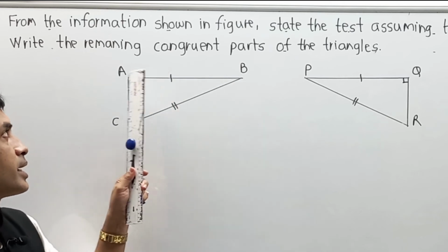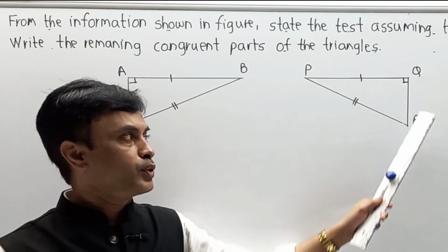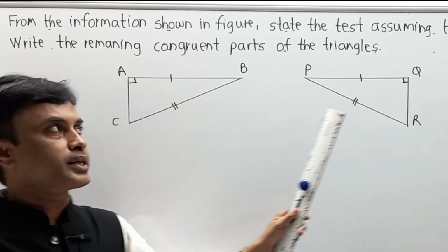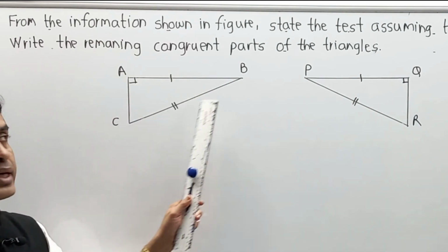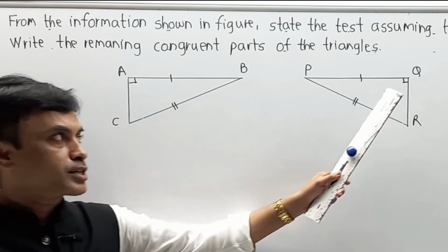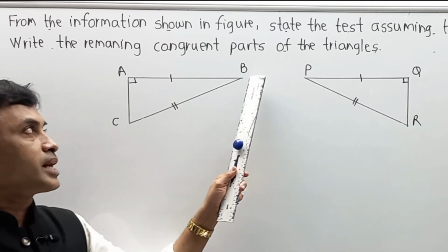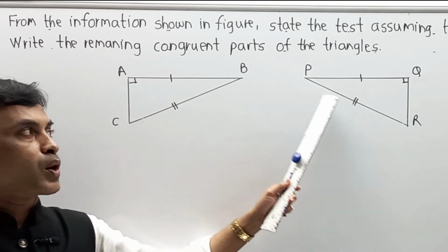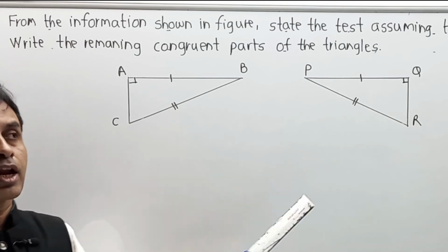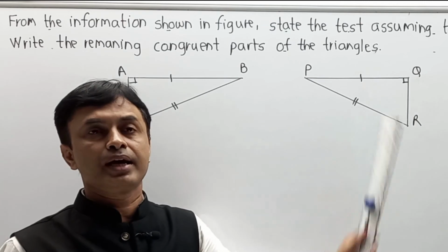Here angle BAC is 90 degrees, and here angle Q is 90 degrees. Opposite to 90, BC is a hypotenuse. This hypotenuse BC is congruent to the hypotenuse PR, opposite to 90. Along the same part, they have given side BA congruent to side PQ.